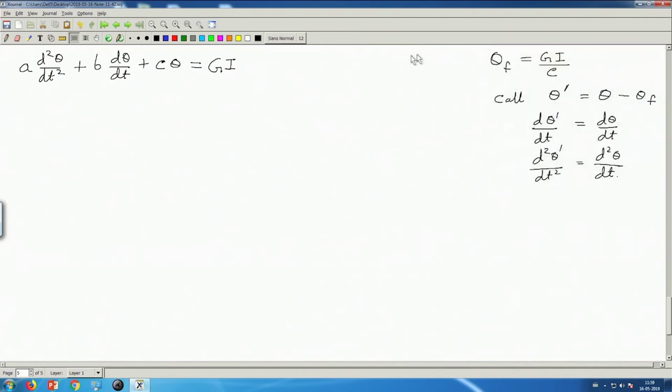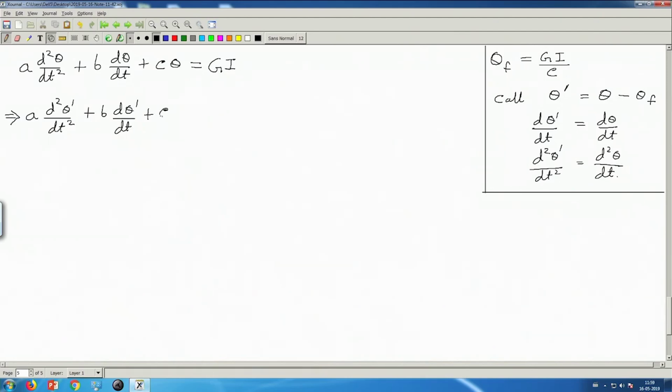Okay. So, now here we write a d 2 theta prime by dt2, because this and these two terms are same from here, then plus b theta prime by dt plus c, here in place of theta I will write theta is equal to theta prime plus theta f.